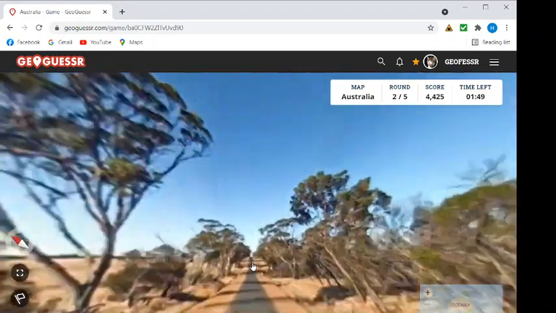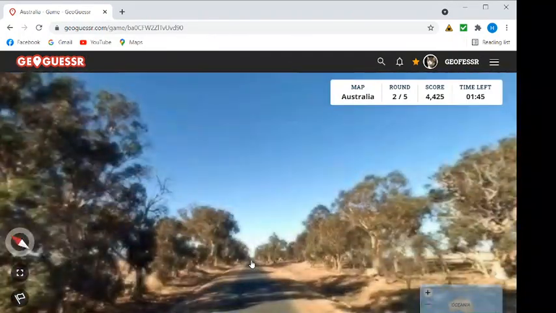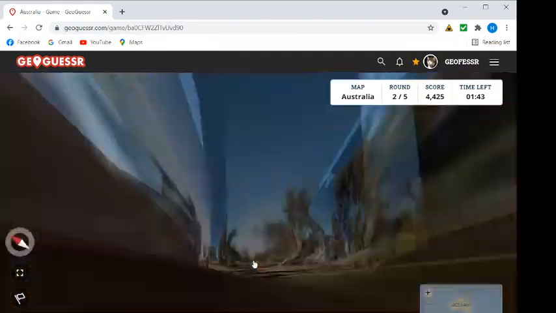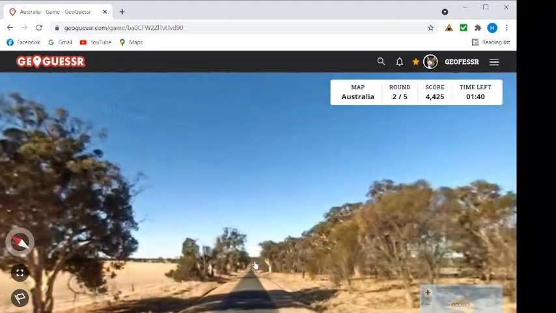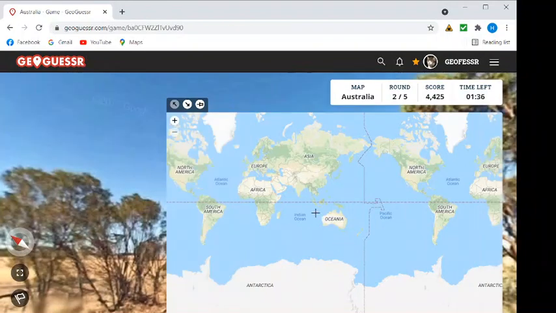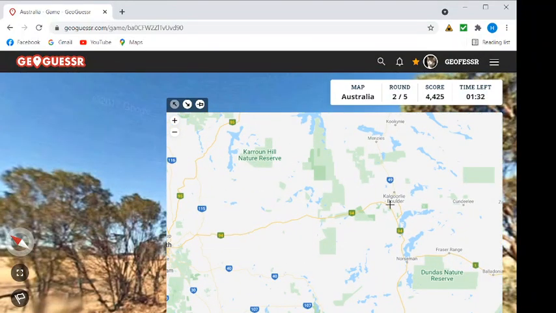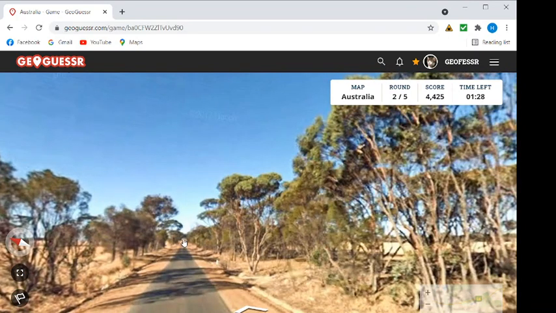Yeah, this is some long distance 2-lane country road. It's paved, so, but yeah. So I'm going to guess somewhere around Kalgoorlie. Let's say Norseman.